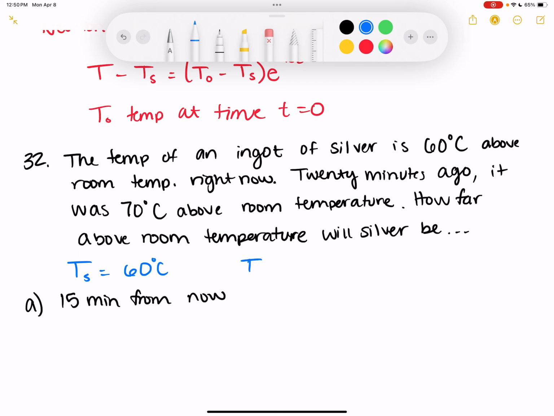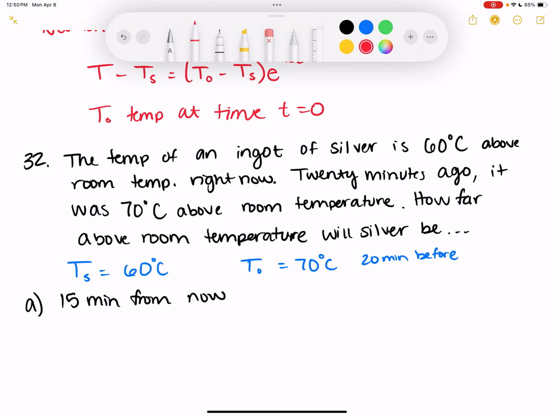And then T sub 0, we might end up calling something different in a minute, but that's going to be 70 degrees Celsius, which was 20 minutes before. So that basically means when time is 20 minutes, it has cooled to this temperature here.